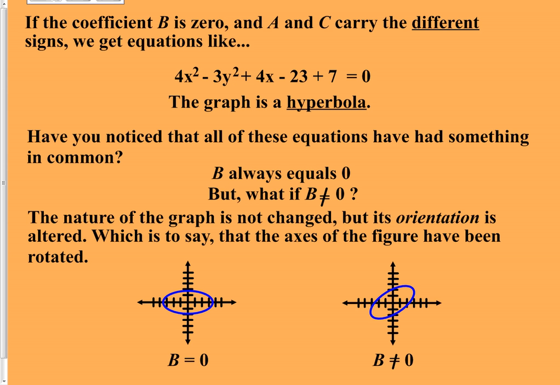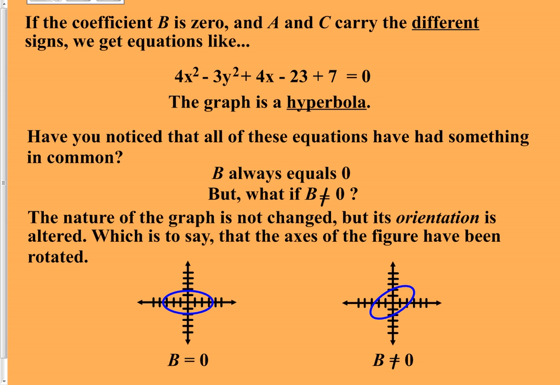Now, a few minutes ago, we mentioned that we have not allowed the xy term to be active in the problem. But just remember that what the xy term does is cause an axis rotation in the graph. So if the b term should become active for some reason, it does not change the nature of the graph, it does change the rotational positioning within the graph.